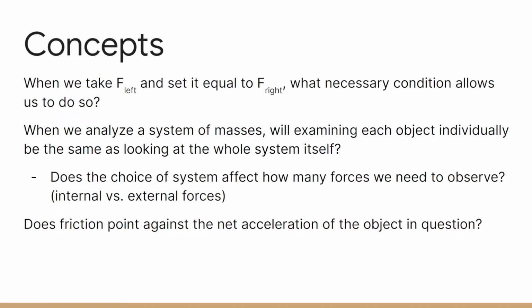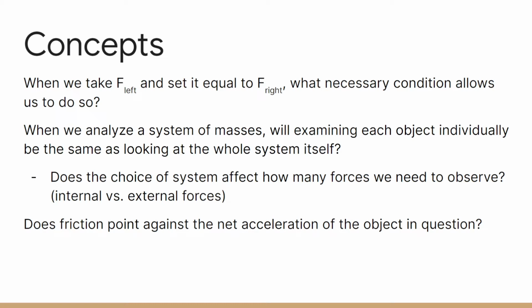And number two, when we analyze a system of masses, will examining each object individually be the same as looking at the whole system together? The related sub-question is, does the choice of system affect how many forces we need to observe? Here, you want to think about trying to solve a problem in many different ways.